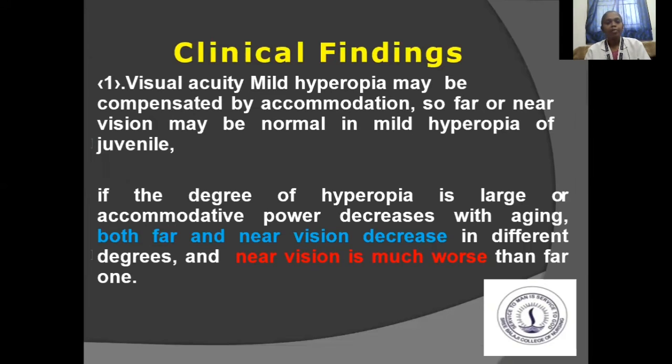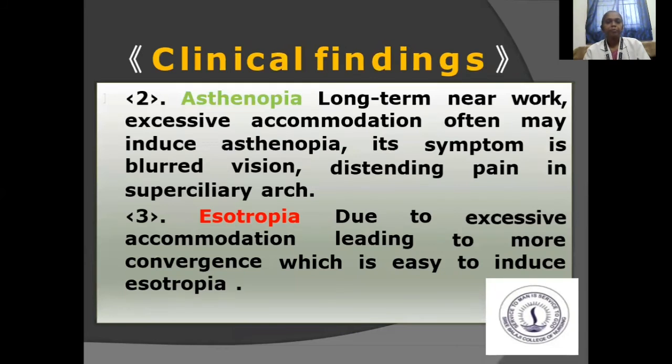If the degree of hypermetropia is large or accommodative power decreases with aging, both far and near vision decrease in different degrees, and near vision is much worse than far. As age increases, people find it difficult to visualize things very close to them compared to far ones.